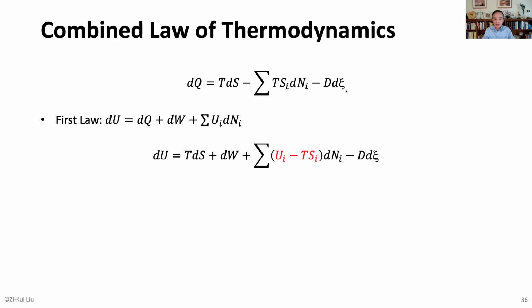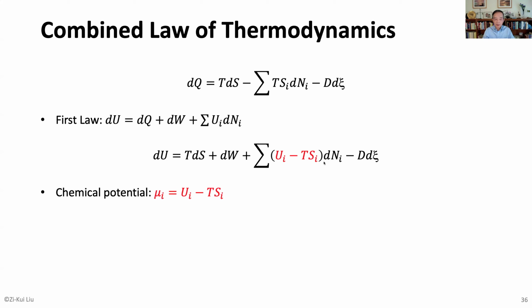Now we put them together, and we find we have u_i minus T s_i in front of dn_i. That means when we put entropy times temperature here, we have to remove that entropy by that element, because dQ doesn't have that element's contribution.